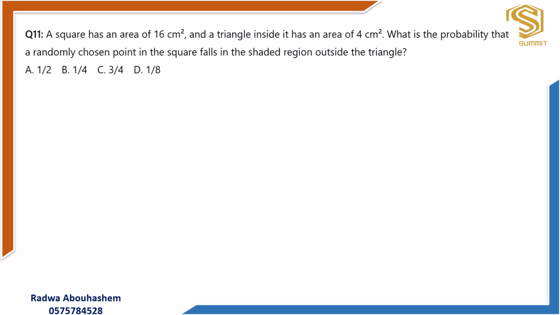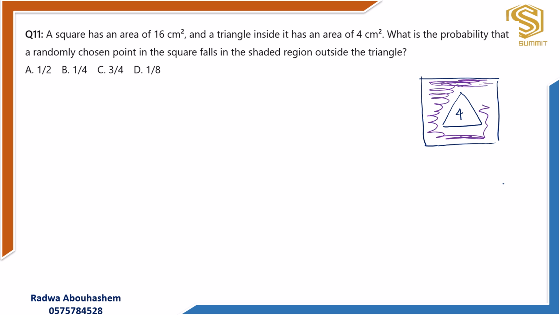A square has an area of 16 centimeters squared and a triangle inside it has an area of 4 centimeters squared. What is the probability a randomly chosen point in the square falls in the shaded region outside the triangle? I already explained this before, but let me explain it again. Here is a square, and here is a triangle, 4 centimeters squared. He's asking the probability of the point falling outside the triangle.